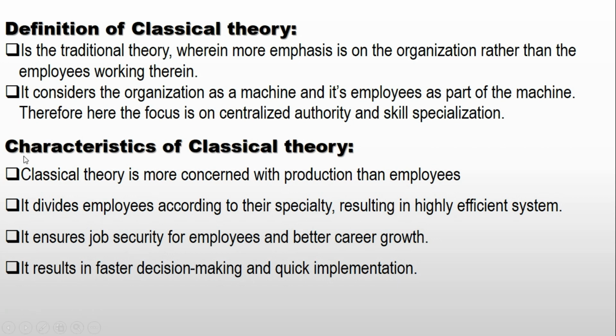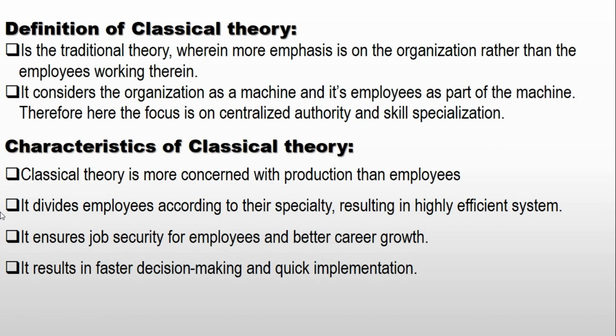Now, the characteristics of classical theory. Number one, it is more concerned with production than employees. Two, it divides employees according to their specialty, resulting in a highly efficient system. Three, it ensures job security.